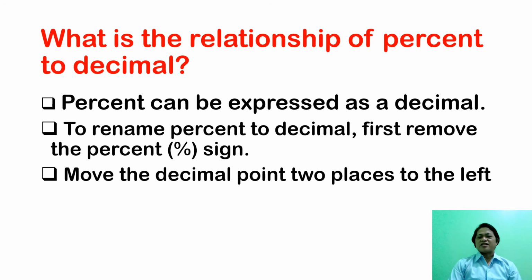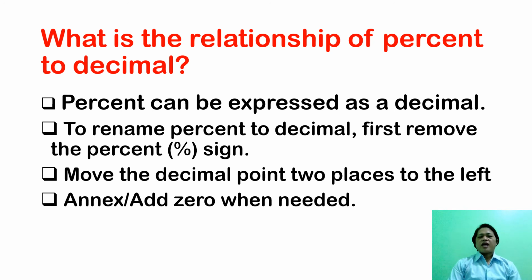Then move the decimal point 2 places to the left. Annex or add 0 when needed. If you think you still need to understand more about the relationships of percent to decimal, you may review the lesson before answering your module.